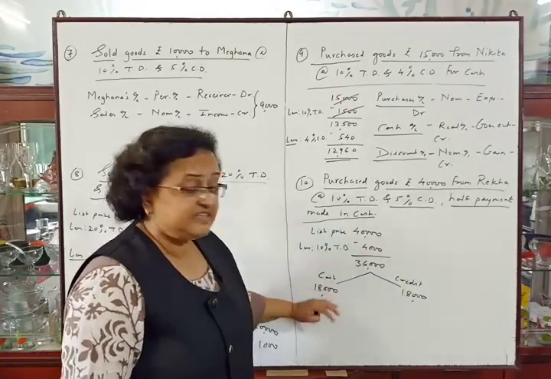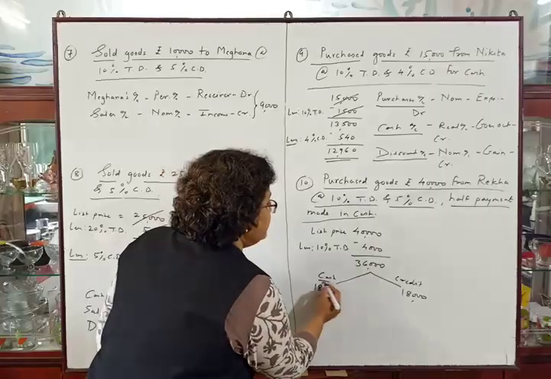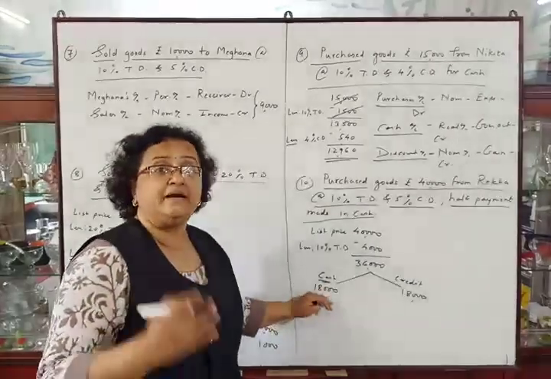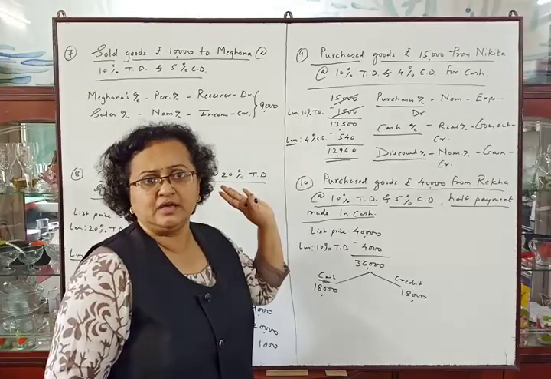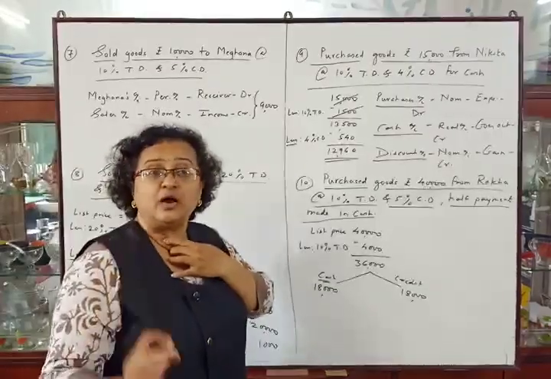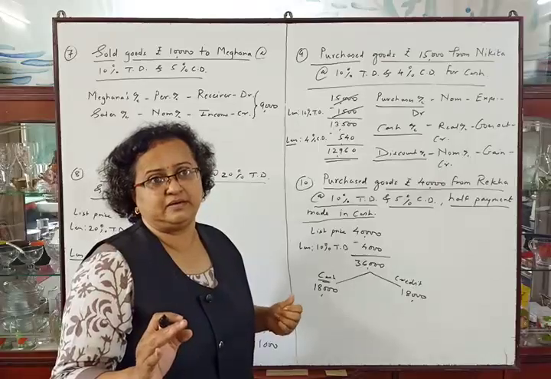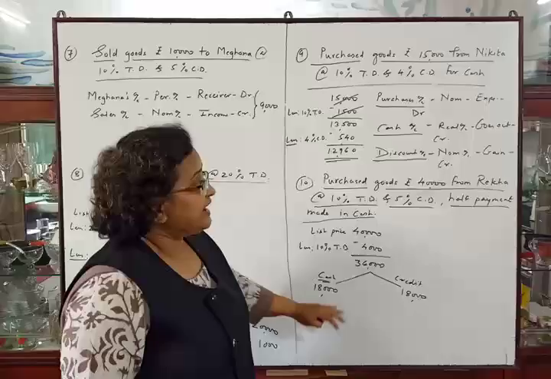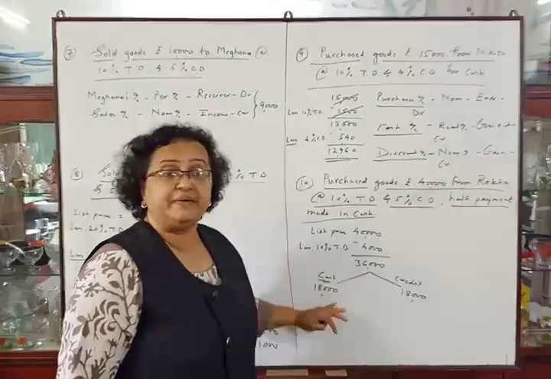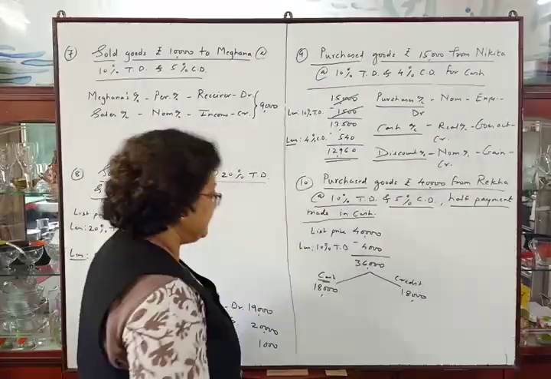सो जे इमिजिएट पेमेंट केलेलं आहे दॅट इज कॅश पेमेंट, या इमिजिएट पेमेंट वरच आपल्याला कॅश डिस्काउंट मिळणार आहे 5%. ओके, बिकॉज कॅश डिस्काउंट इज अलाउड ओनली ऑन कॅश पेमेंट if it is made immediately or earlier. So Rekha is allowing us 5% cash discount on rupees 18,000.